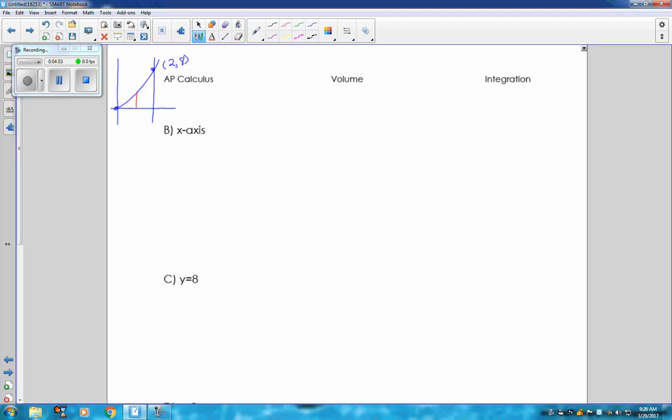That would be your radius, because you're going around the x-axis. Let's make sure it's set up right so you don't waste time.